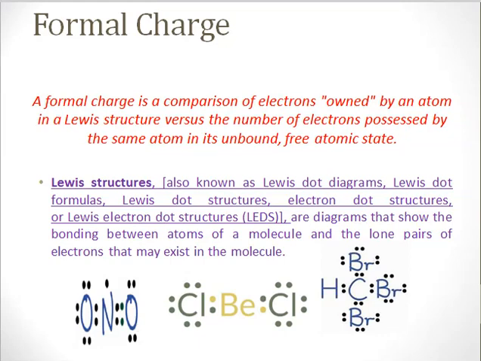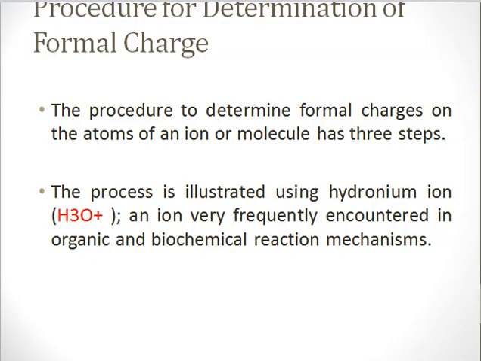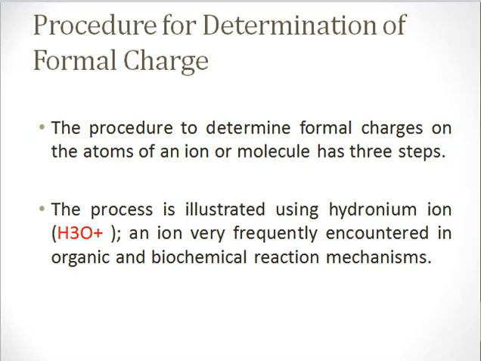So next we'll consider what the process is for calculating the formal charge, and how we can determine if the molecule we are considering, or a certain atom, is electronically deficient or electronically rich. This procedure consists of 3 steps.